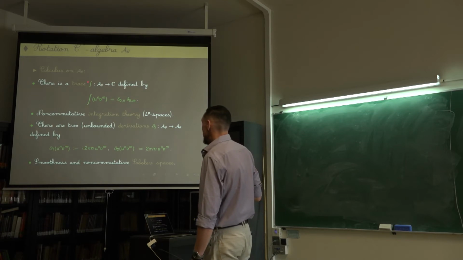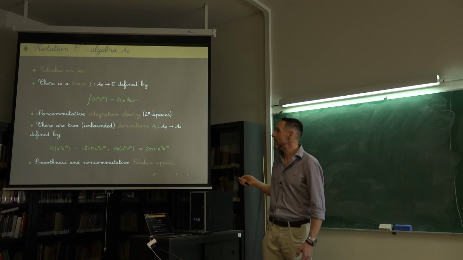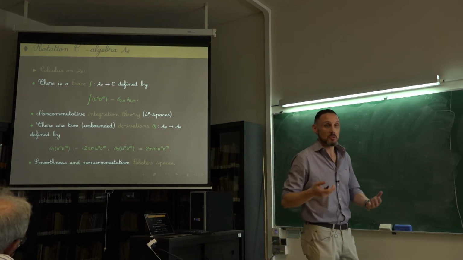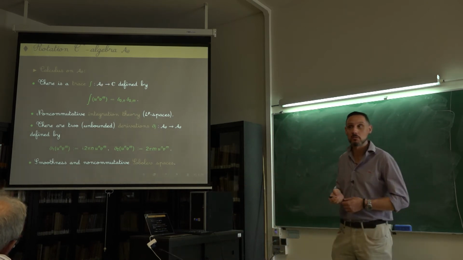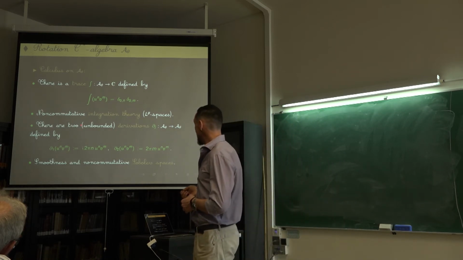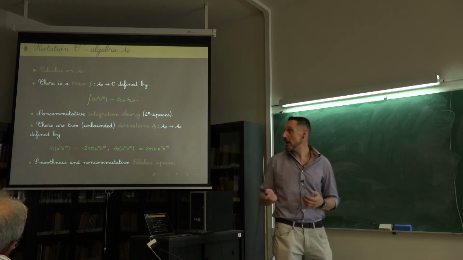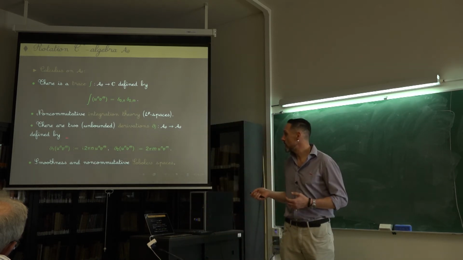Then, because I have a trace, I have a non-commutative integration theory. For instance, I can define the Lp spaces of this algebra, okay? As you can usually do with the ordinary measure theory. I also have a notion of derivation. I can differentiate functions. And again, I define this derivation on these monomials.